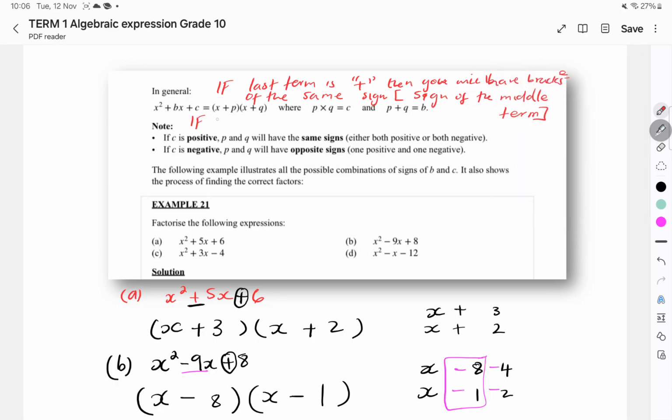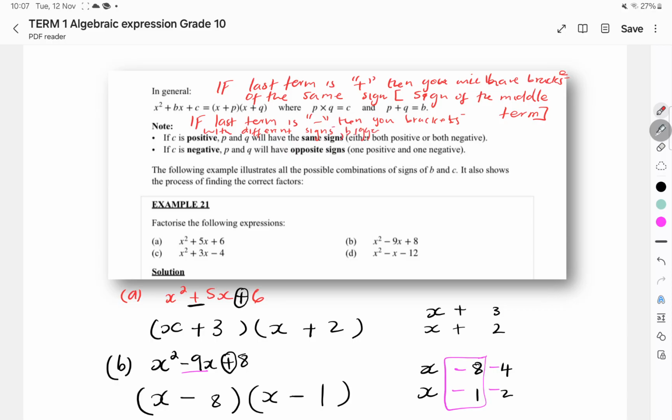If the last term is negative, then you have brackets with different signs.